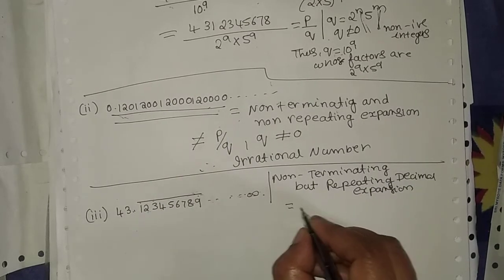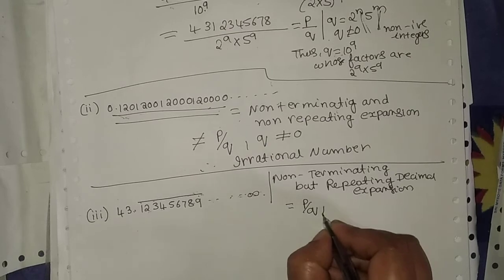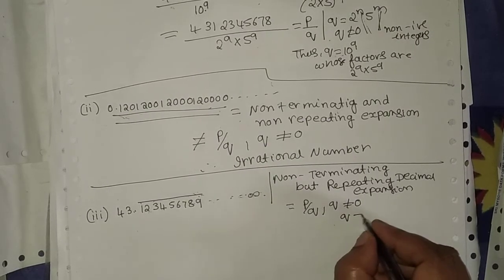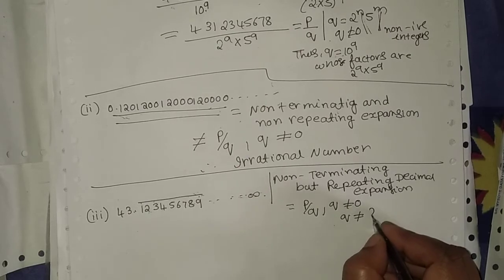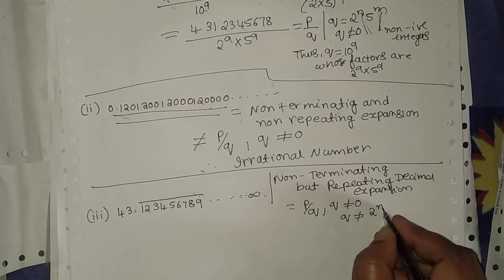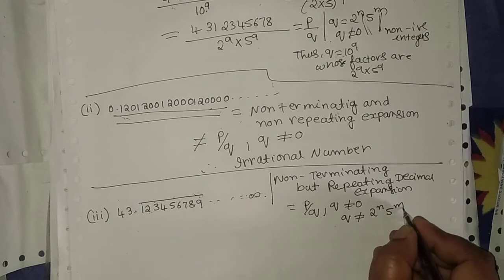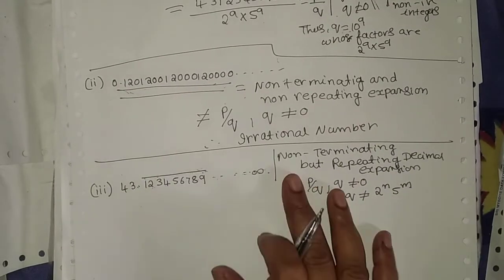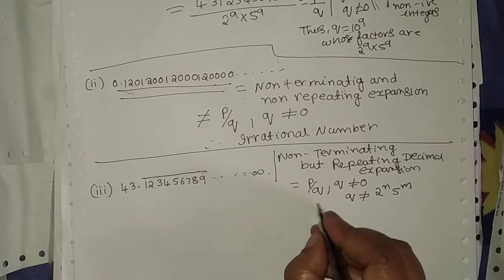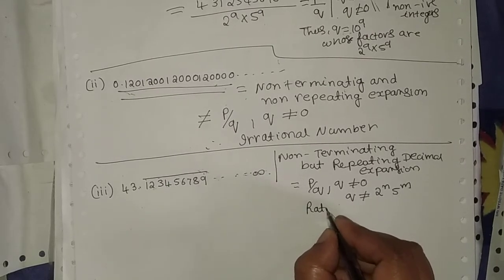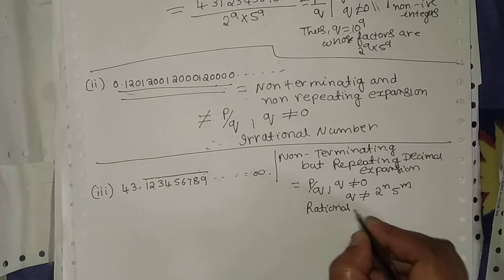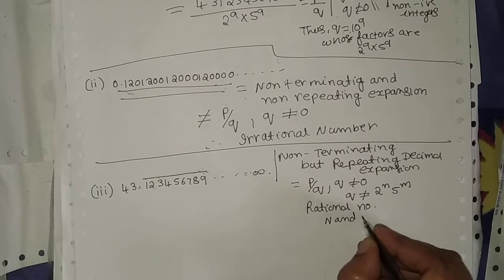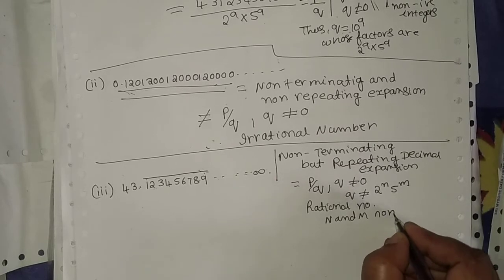So this is in the form P by Q, Q not equal to 0, where Q is not of the form 2 power n and 5 power m. So this is a rational number, where n and m are non-negative integers.